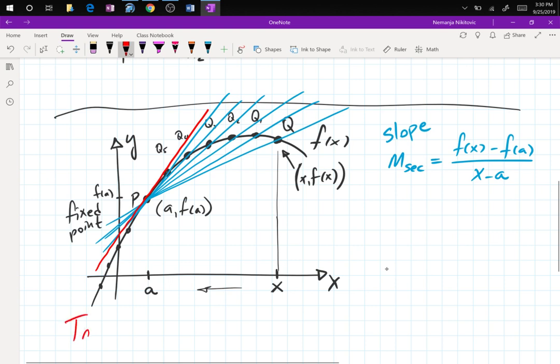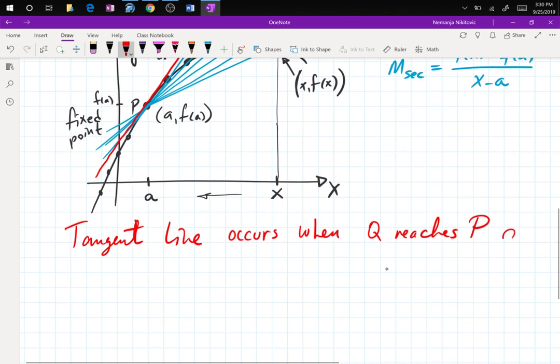So the tangent line occurs when Q reaches P and those are in the same location.